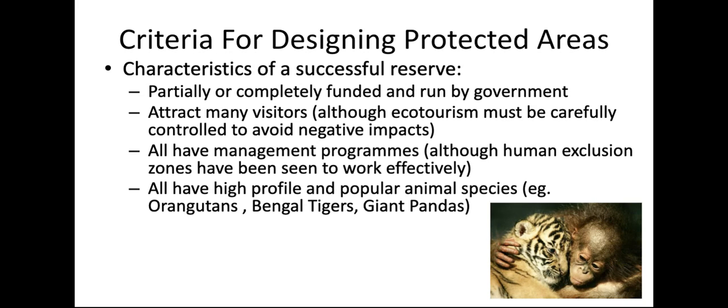High profile species would be like Bengal tigers or giant pandas or orangutans, something that calls the attention of people, because people don't really want to design protected areas for organisms like ants or capybaras or whatever. They want something that is usually a large animal or sometimes a top predator.